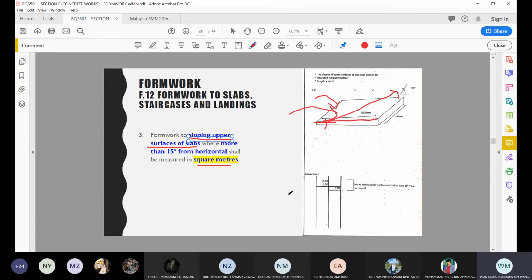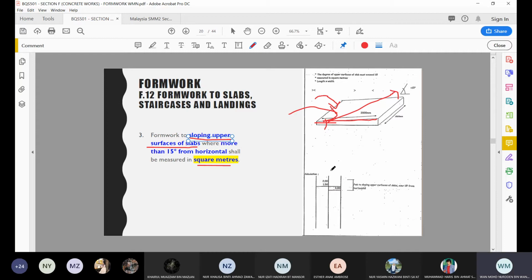Maksudnya formwork kita kena letak something else kat atas. Kalau less than that, we can form it by using any kind of hand tools lah, ataupun any kind of tools yang lain. Tapi kalau macam case macam ni, dia perlukan formwork ataupun kerja-kerja yang lebih rumit. Sebab dia lebih daripada 15 darjah daripada horizontal. Maksudnya dia betul-betul condong lah.